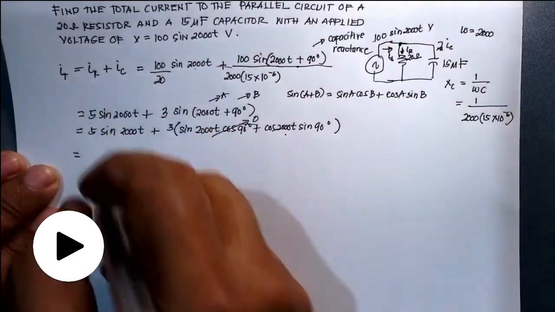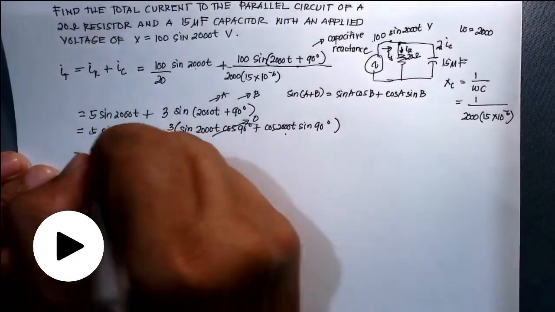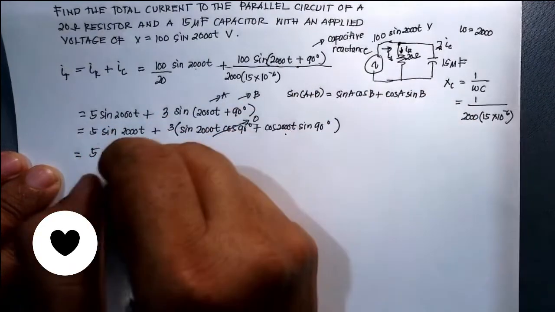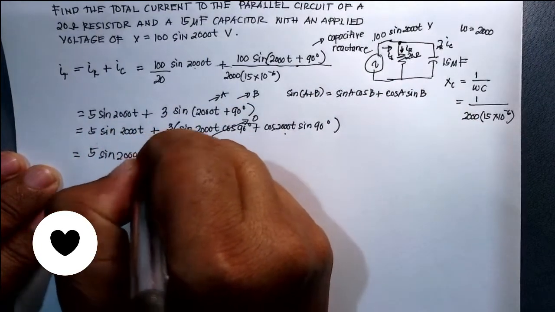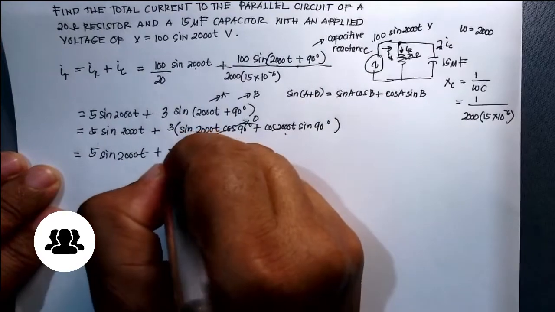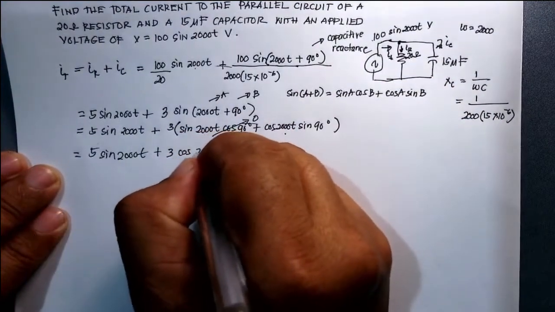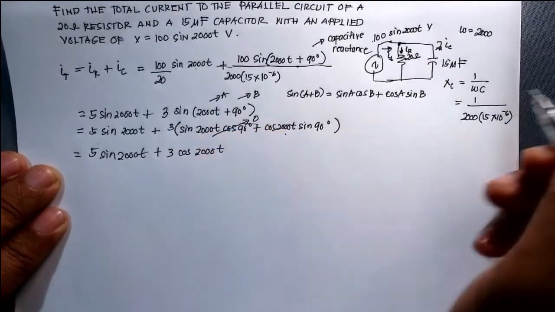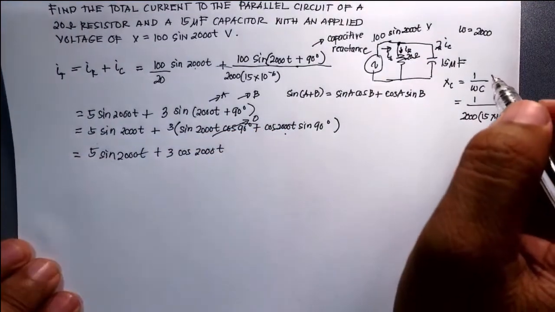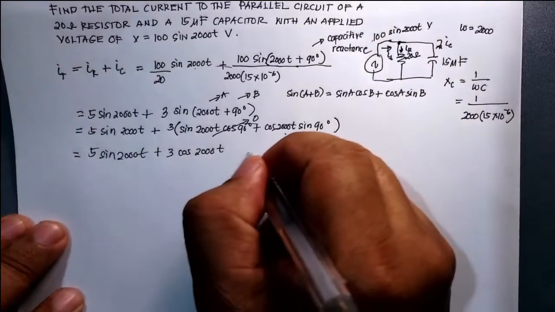So our answer will be 5 sine 2000t plus 3 cosine 2000t. Okay, so we have now this form.